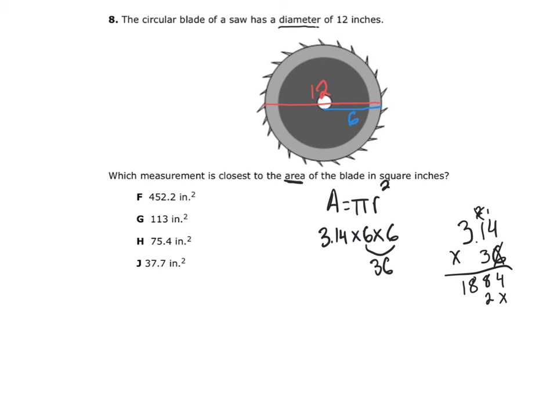Carry the 1. 3 times 1 is 3, plus 1 is 4. 3 times 3 is 9. We add it up. Get 10. Carry the 1. Get 13. Carry the 1. And get 11. There's 2 decimals, so we bring 2 decimals at the bottom. So the closest to the area would be G, 113.